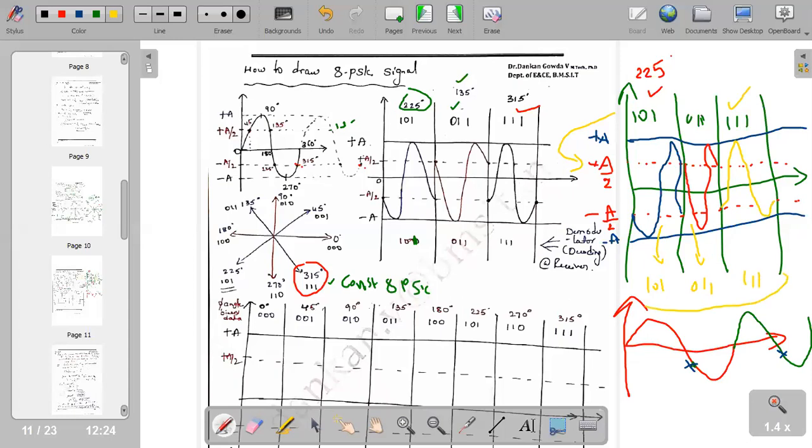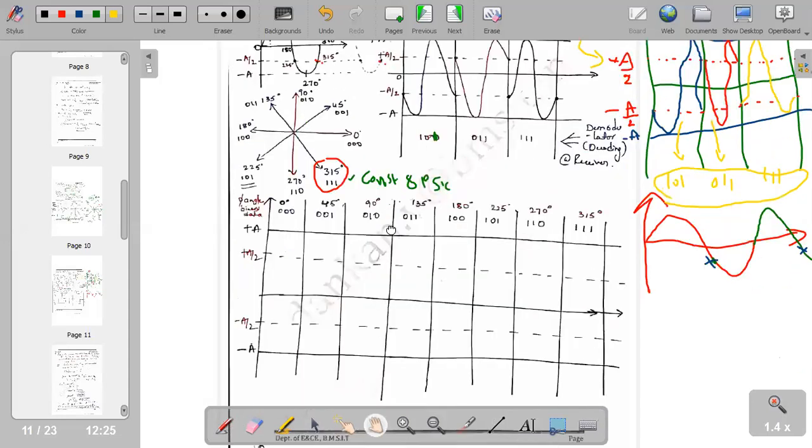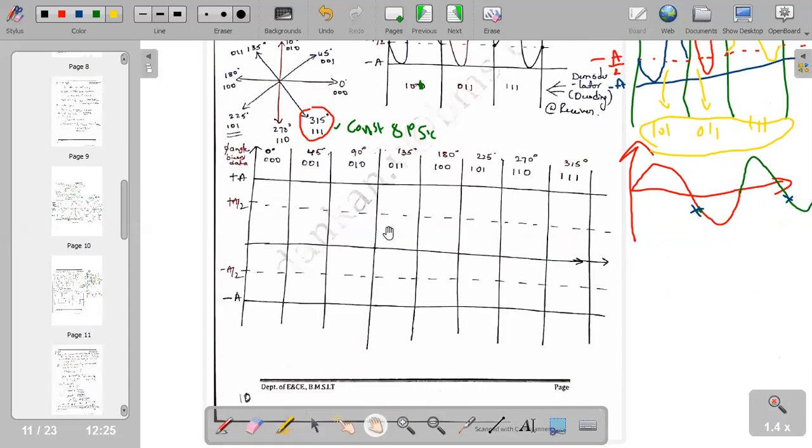So at the receiver end, the waveform is mapped to a binary bit stream corresponding to the phase angles. Now observe here, I have written all possible cases of an 8 PSK system along with the phase angles.